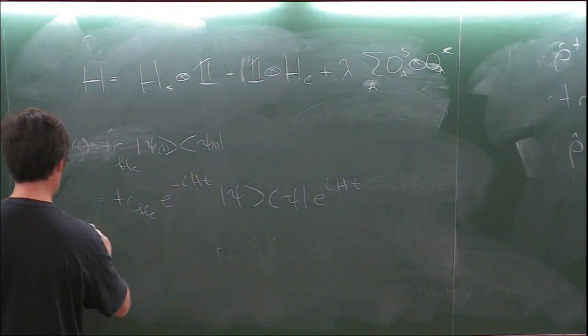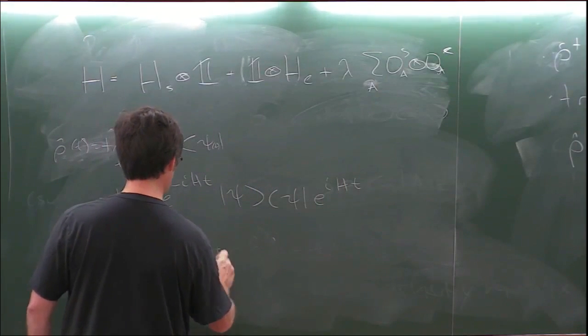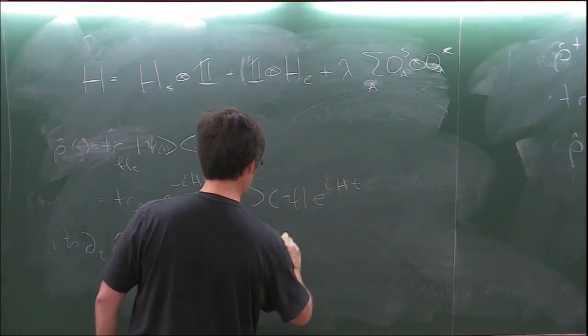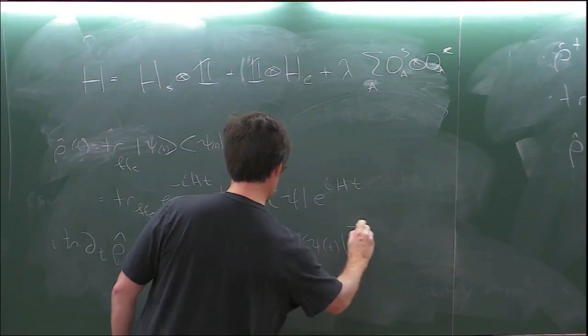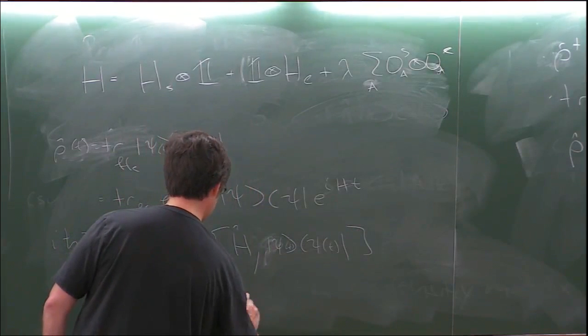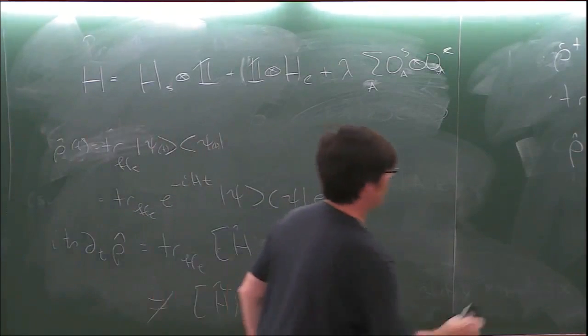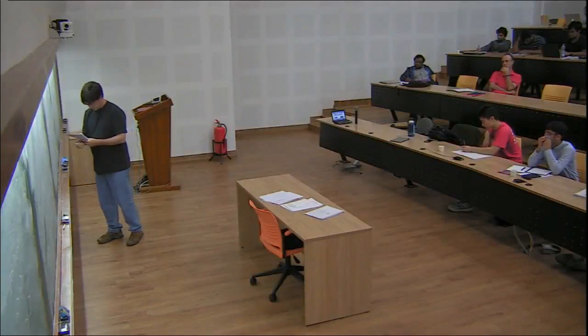And rho hat is going to be the trace over He of the full Hamiltonian commuted with psi of t, psi of t. But there is, in general, absolutely no reason for this to be any kind of commutation relation like this. In general, there will be no way to do this. And without going into any derivations, this is a whole other subject.